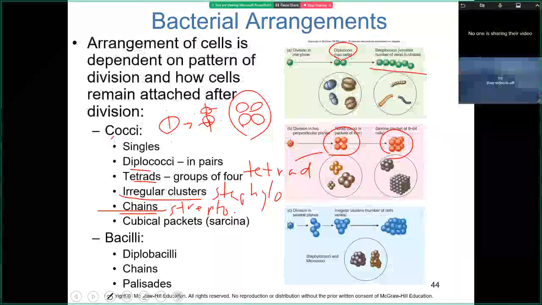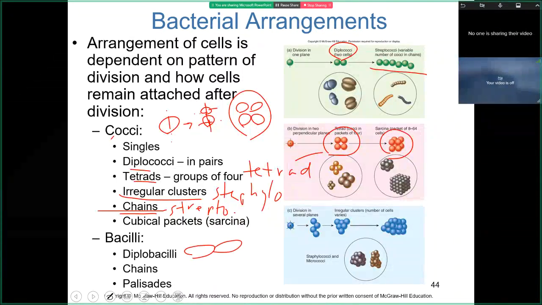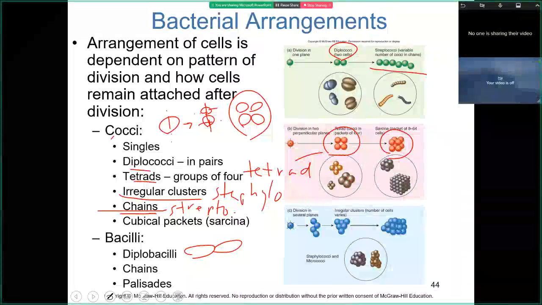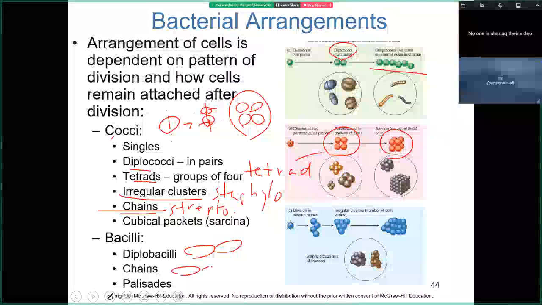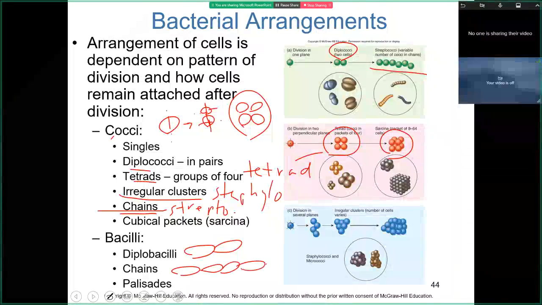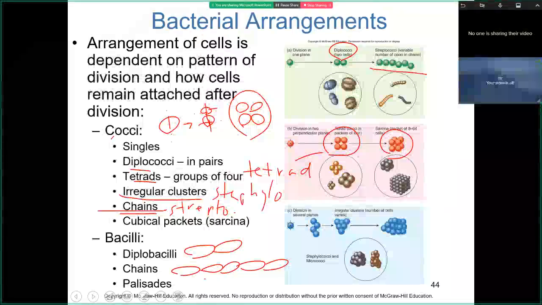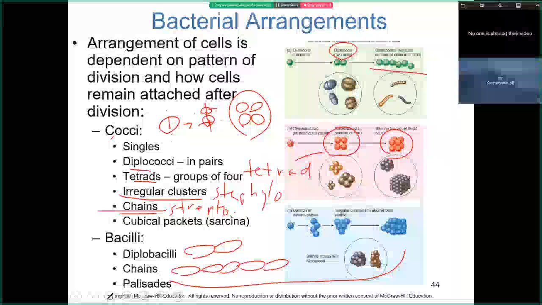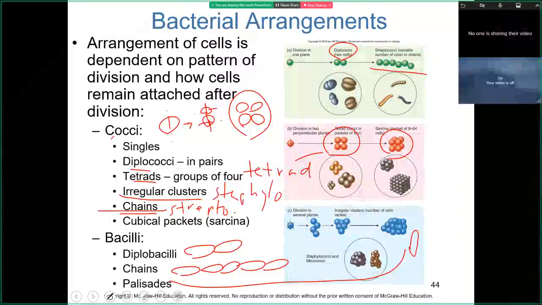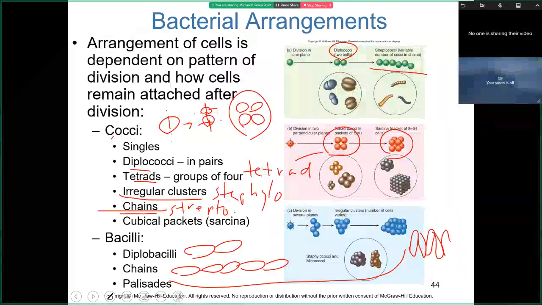Bacilli are more limited. There's diplo. Some species are diplo. They commonly have 2 rods attached to one another. They can be in a strepto arrangement where there are long chains attached. And then this palisades arrangement, this is where you get the rods, and they're laid side by side like this, with their ends touching.